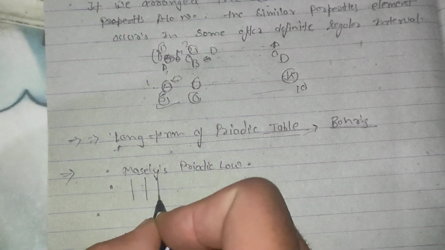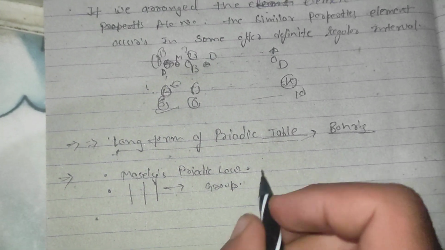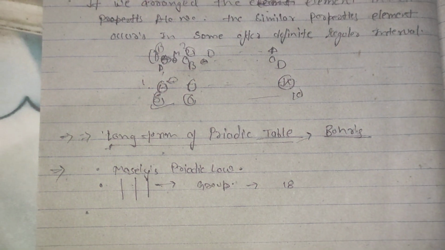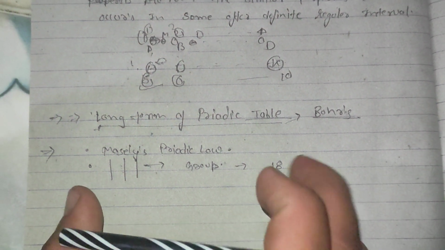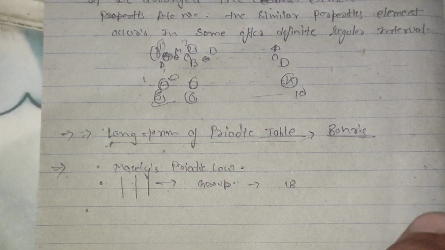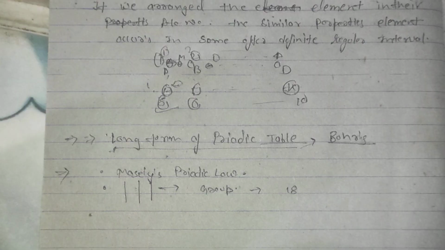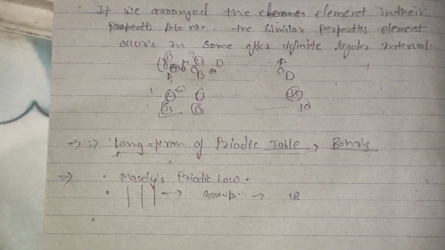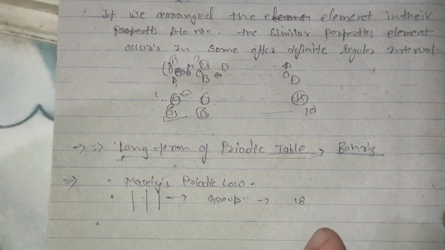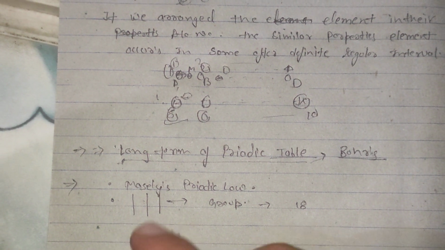These vertical lines are called groups, and the number of groups is 18. To understand this, imagine a field of students in a school assembly. The vertical lines are 18, and the elements are like the assembly of the periodic table.